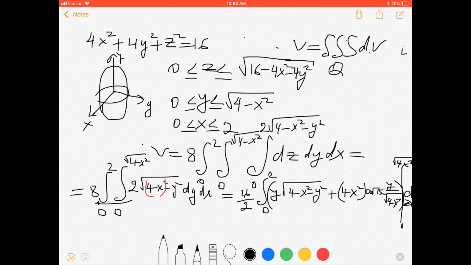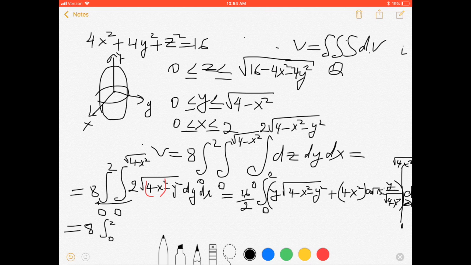If we plug in, we have 16 over 2, it will be 8, integral from 0 to 2. If you plug the square root in here, root inside root is 0, so this means 0. If you plug the square root here, it cancels, and you have arcsine 1.